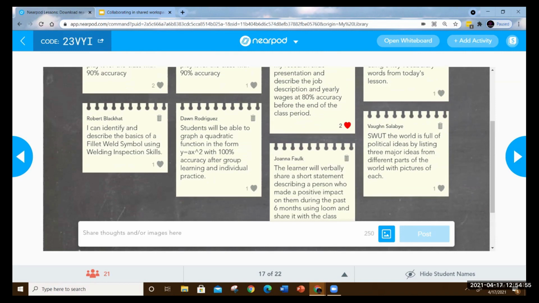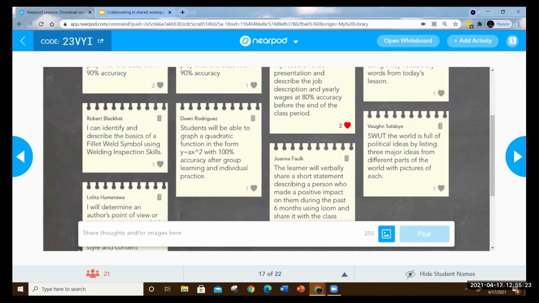Because then your students might, I don't know how many basics there are, but maybe you could try to be more specific. I can identify and describe something like what a utilization of a fillet weld symbol by applying welding inspection skills, perhaps.